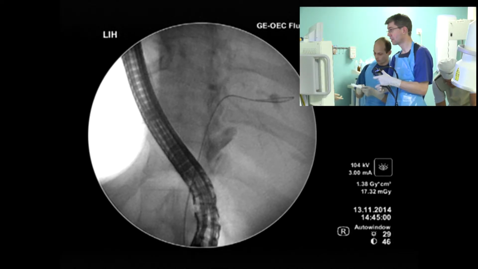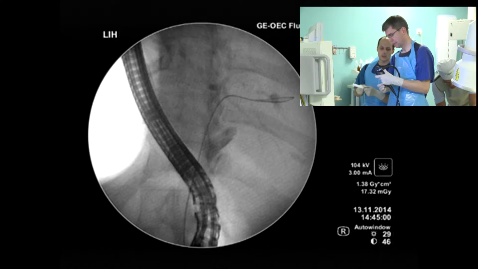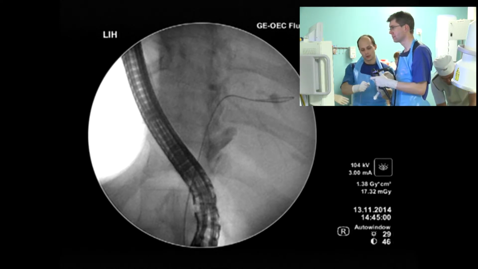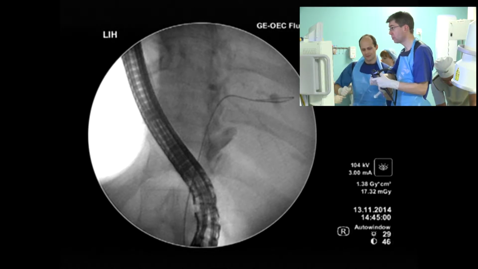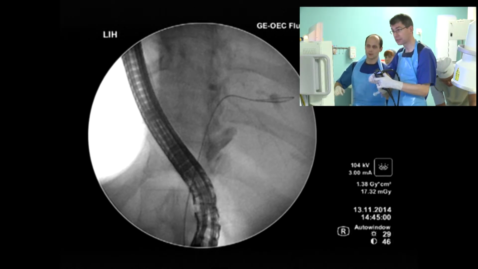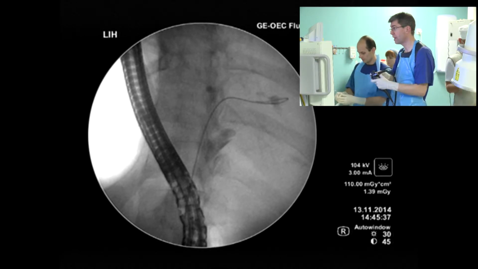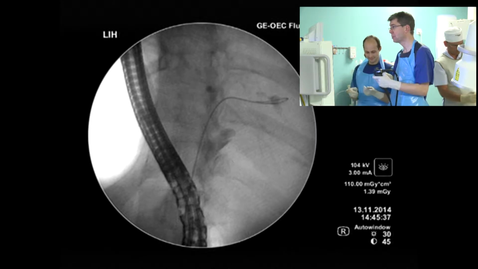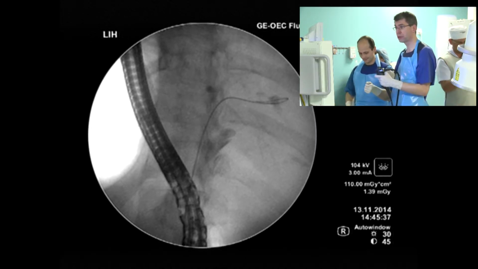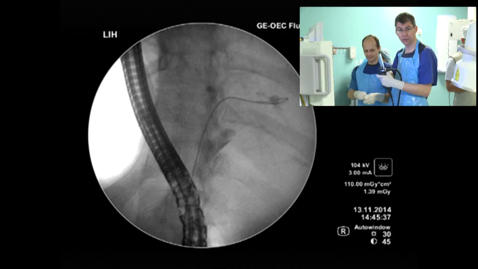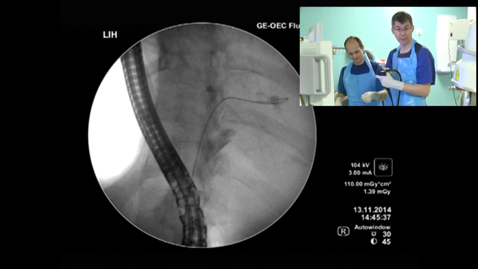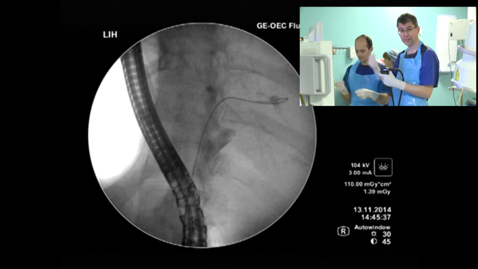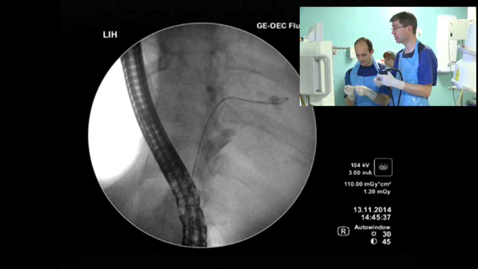This type of cholangioscopy, this equipment and this instrument, I know that you used it in Germany too. Yeah. So what we are trying to do now is direct per-oral cholangioscopy, meaning that we don't push the scope through the working channel of the duodenoscope, which is possible as well with another type of equipment, but we exchange the large scope for a smaller scope, which we put directly into the bile ducts.